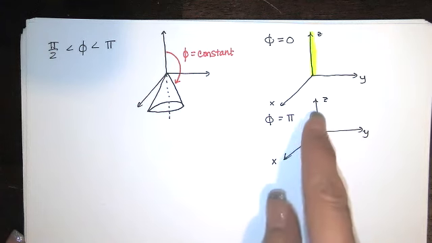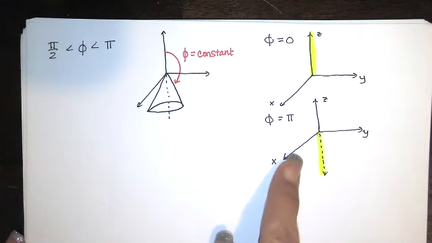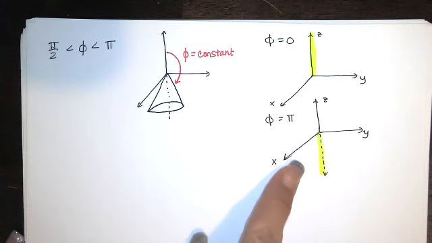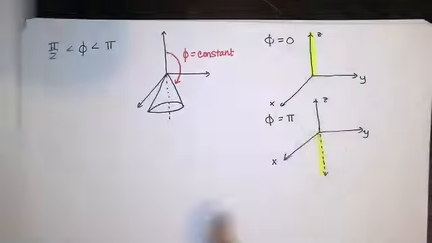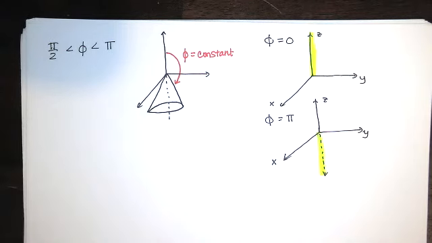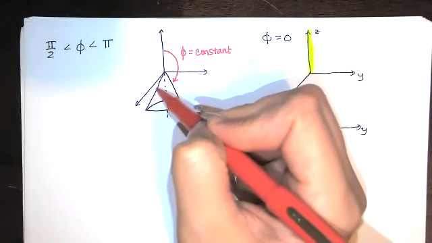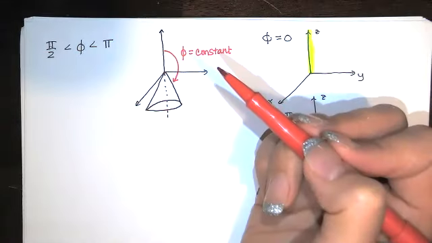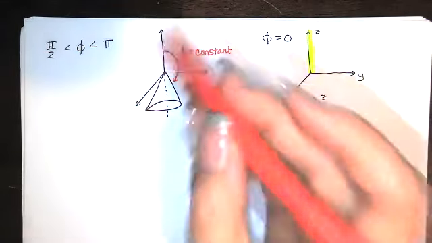Now, some people say to me, well, what happens if phi is greater than pi? Well, if phi is greater than pi, let's say it was pi plus pi over 6, then it would be the same as going from here all the way to over here. So we generally don't do that. We always let phi be an angle between 0 and pi.